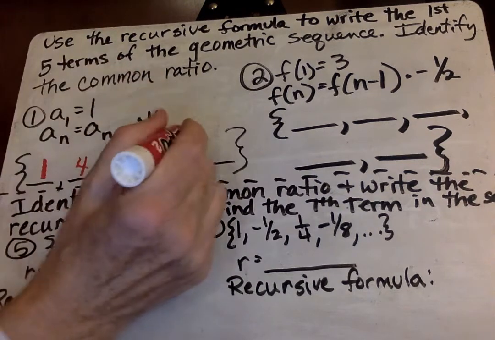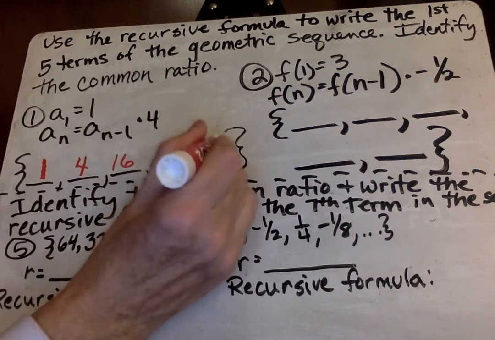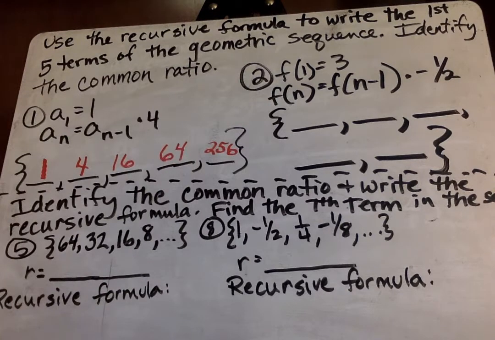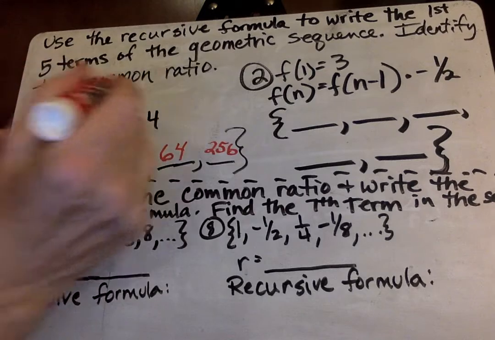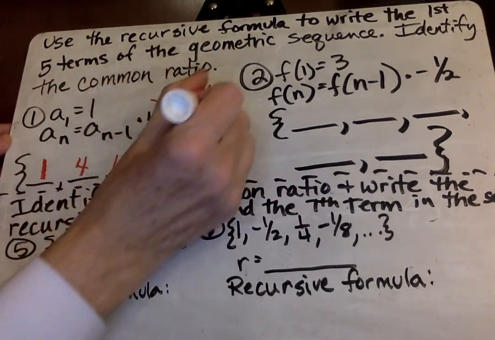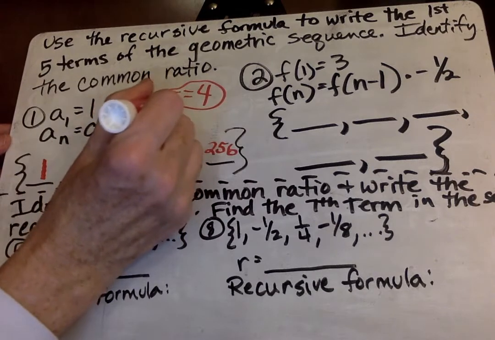So I write 256 right there. If you're going to identify the common ratio, you would put r equals 4, because that is what you're multiplying by every time.